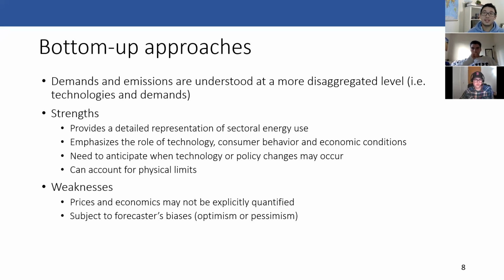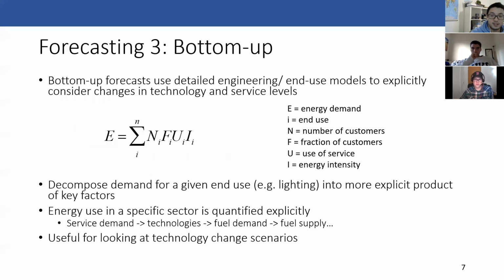And then, as you see in this original equation, pricing is not explicitly accounted for in this formulation of a bottom-up model, which might affect something like the fraction of customers, or it could even influence the use of the service.